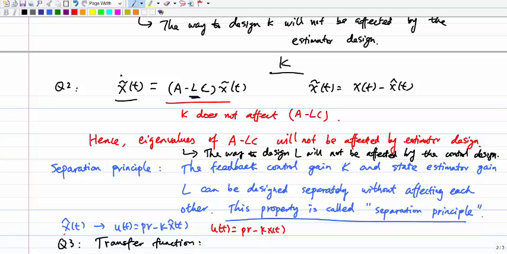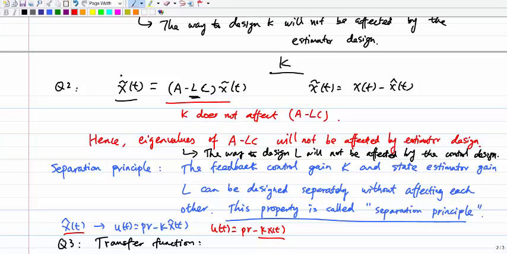You don't have to worry about the observer inside. This is only for linear time invariant systems. For linear time invariant systems, you can separate your closed loop estimator design and your control design. That's the nice part called the separation principle.